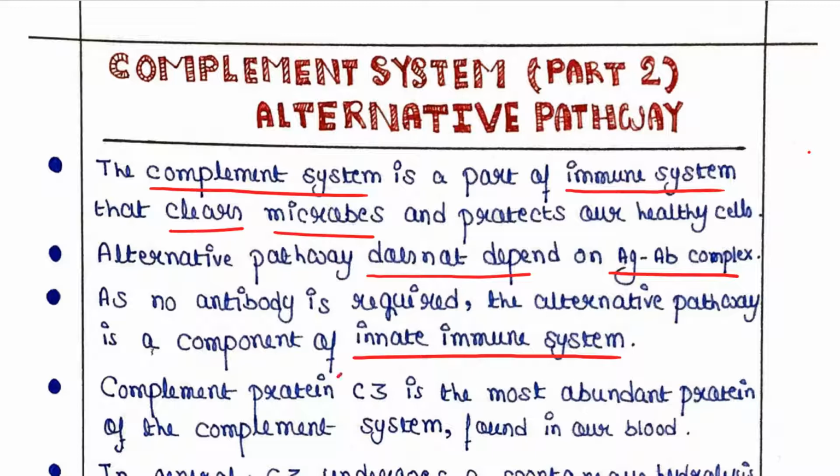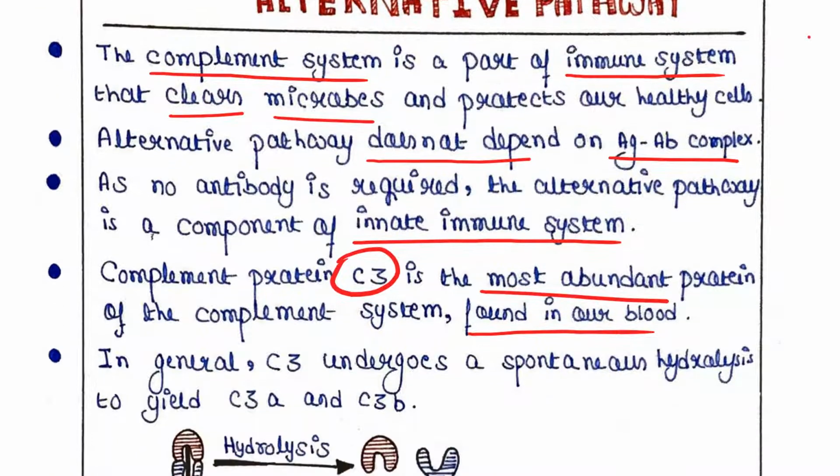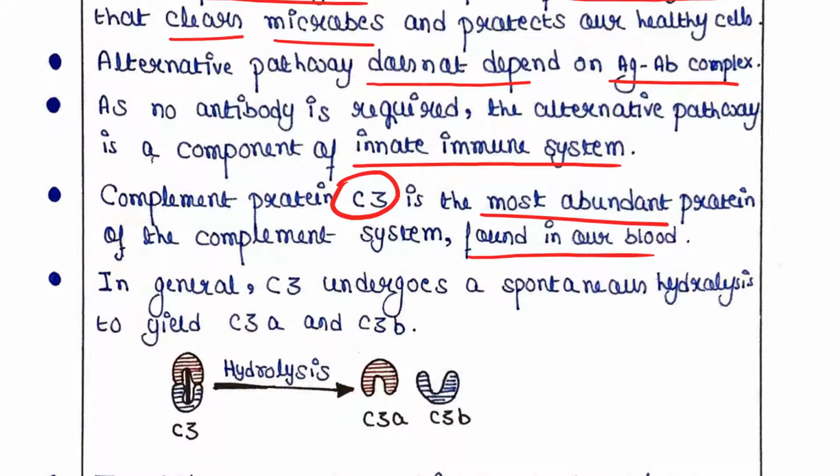Complement protein C3 will come to act here first. C3 is the most abundant complement protein, and it is found in our blood. In general, C3 undergoes spontaneous hydrolysis to yield C3a and C3b.